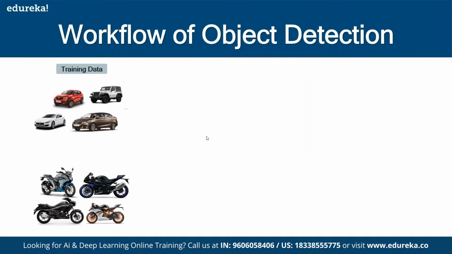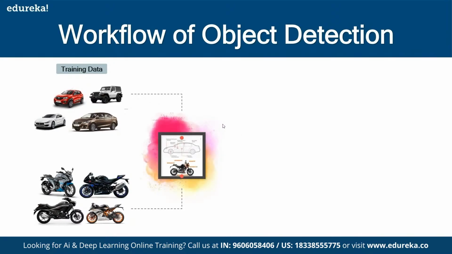Now, whenever I want to perform object detection, I'll have my training data. In this example, I'm trying to understand whether a given image has a car or a bike. So I'll have images like this, and on top of my images I'll run the learning.